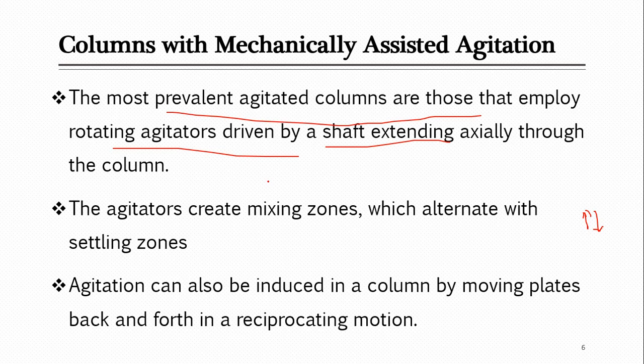In this case they can be used in any column, and they create mixing. And the final one, we said that we can move the plates back and forth. So, first pneumatic pulse, then rotation with the help of shaft and rotors, and then moving plates, the third way to create this agitation.